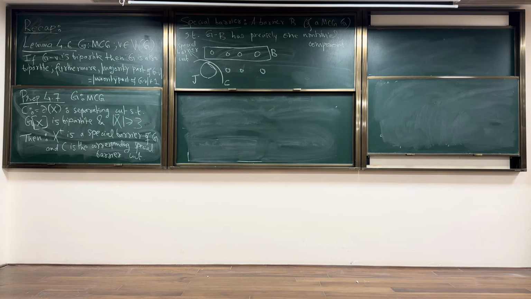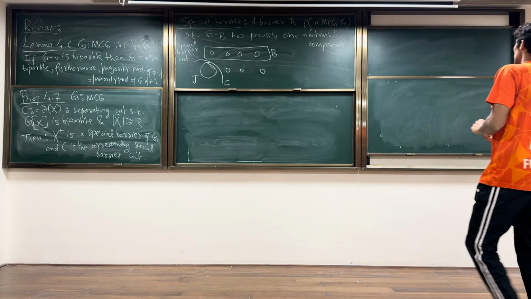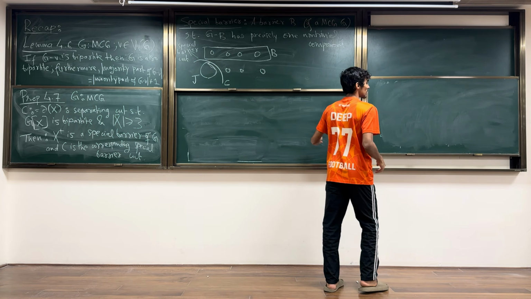Yeah? You want to give an example? I have a general picture in mind. General picture is also fine. From the mind to the board, if you don't mind. Yeah, anywhere is fine.